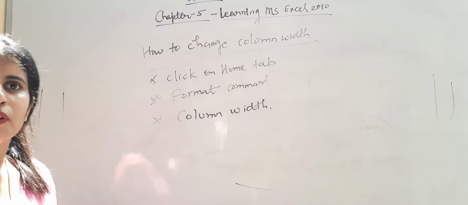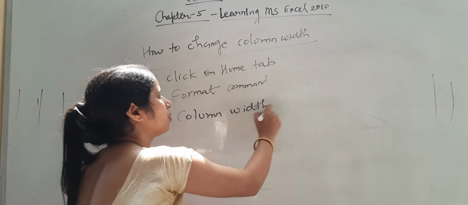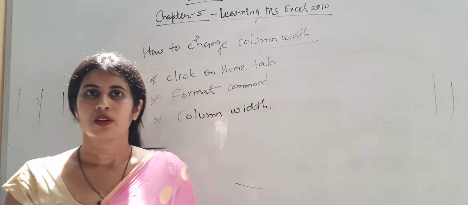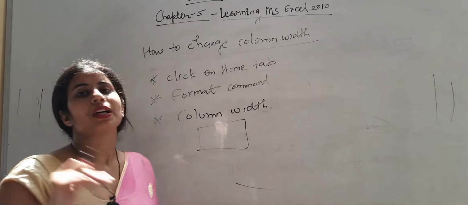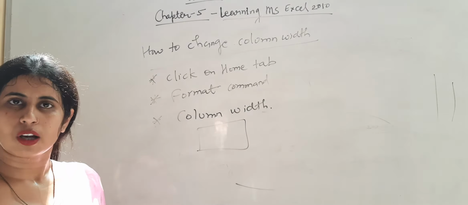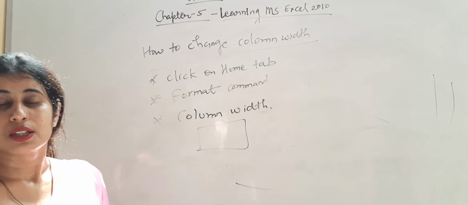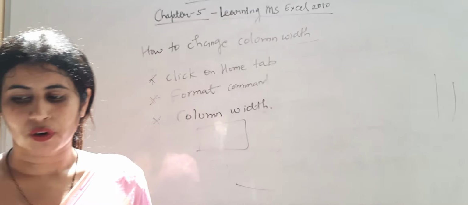If you want to change the column width, you need to click on it. It will show you a box, and in that box you can type the value that you need for your column. So these are the steps that you should follow.